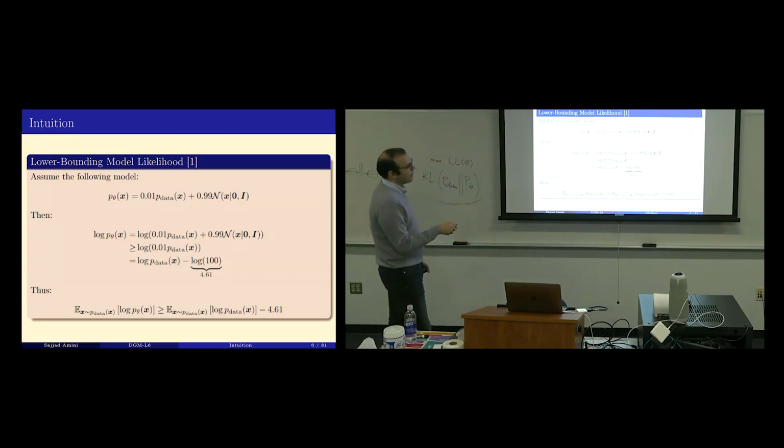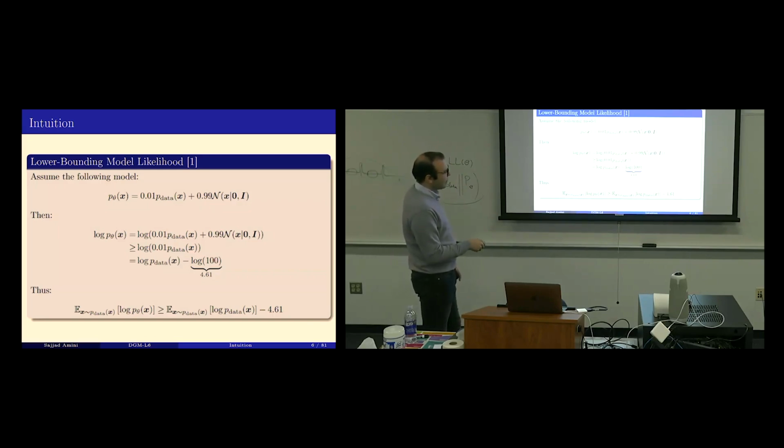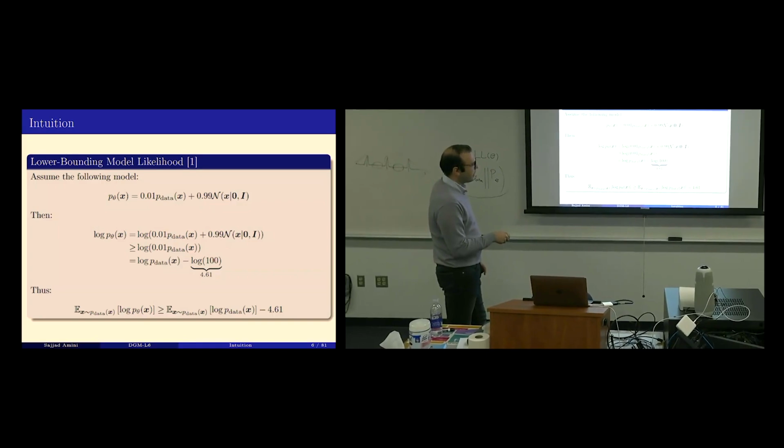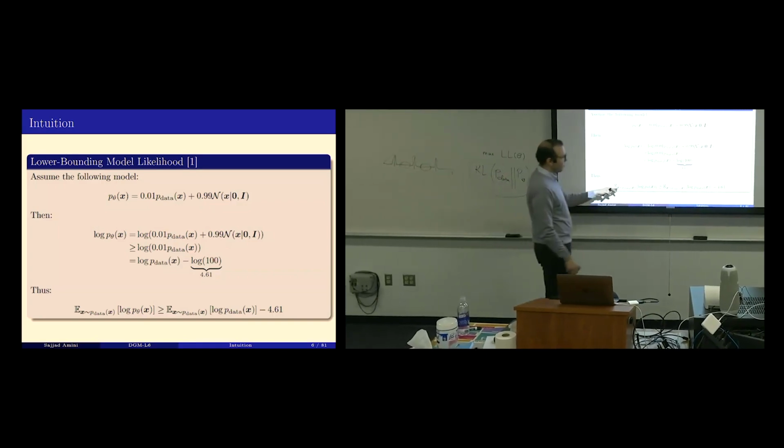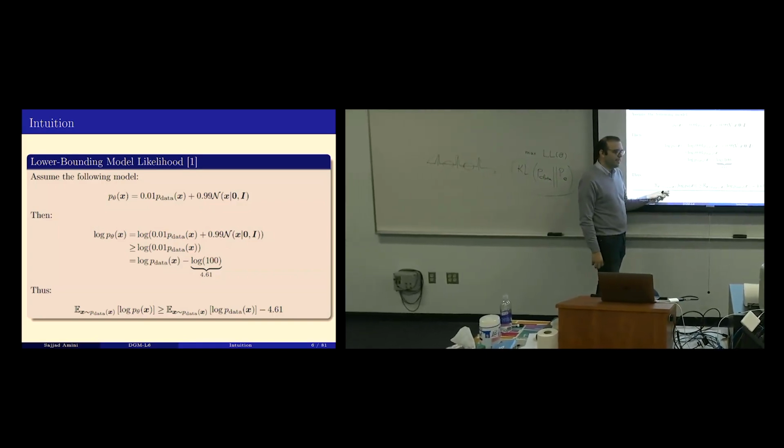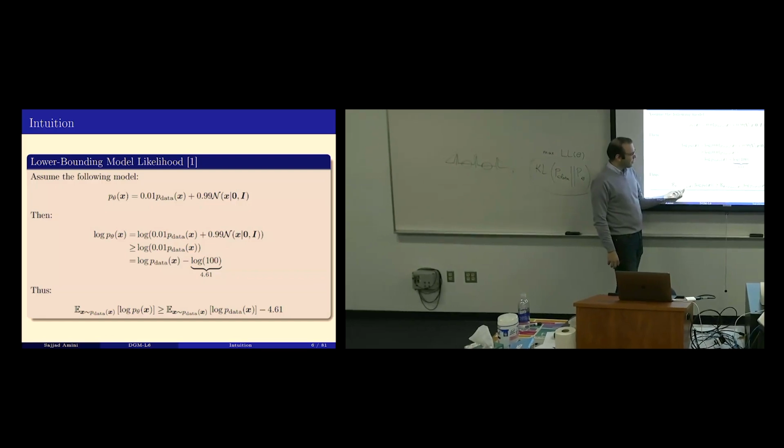And if I calculate the expected value of this data likelihood over all the data coming from the true data distribution, this is exactly what we calculate in training autoregressive models and flow models. Even the VAE is a lower bound to this one.